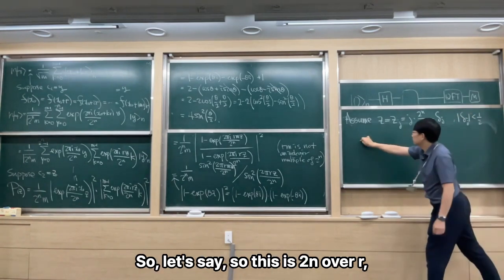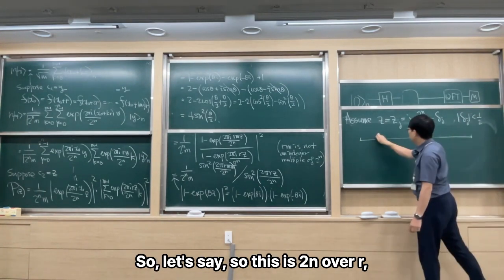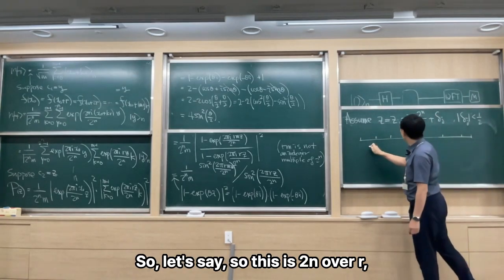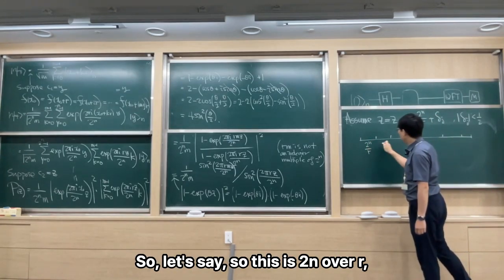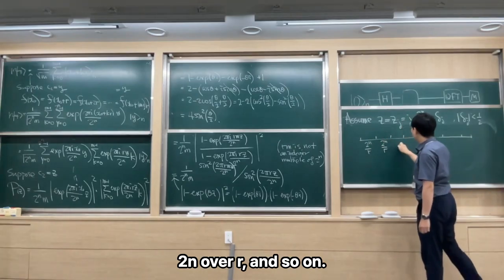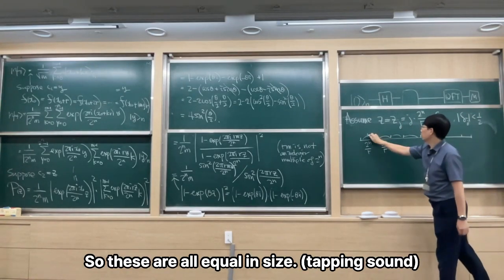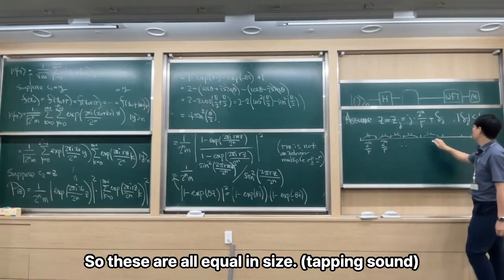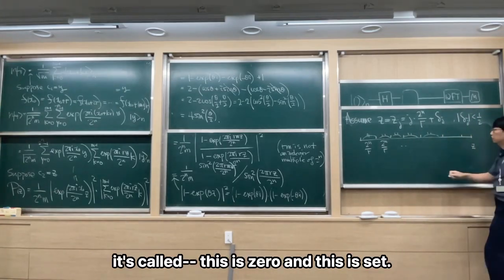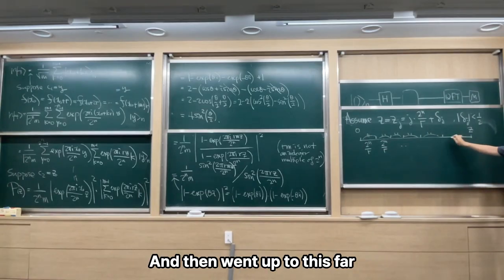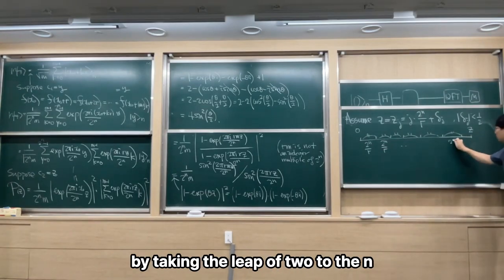So let's say this is 2^n over r, 2^n over r, and so on. These are all equal in size. This is 0, and this is Z. You go up this far by taking leaps of size 2^n over r.